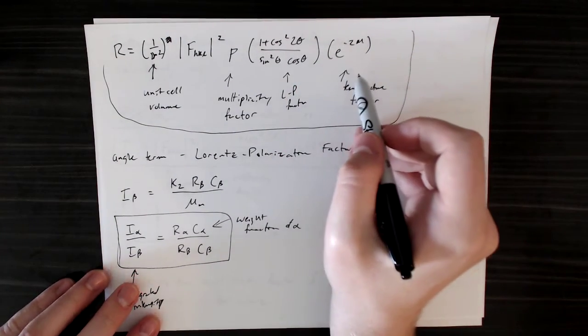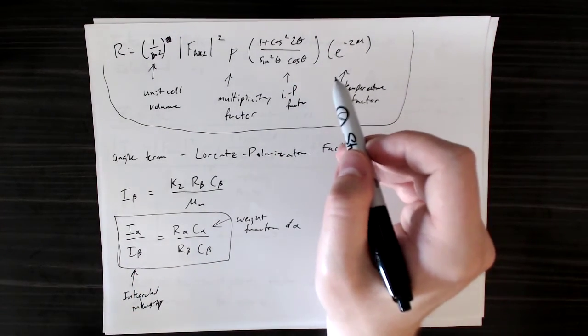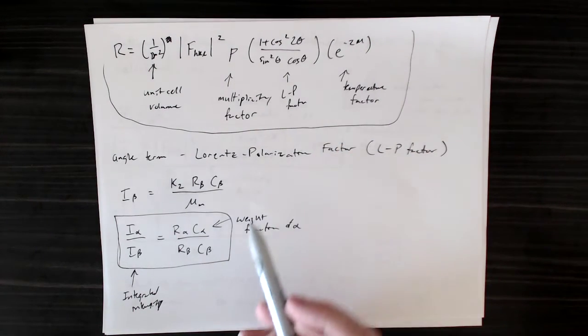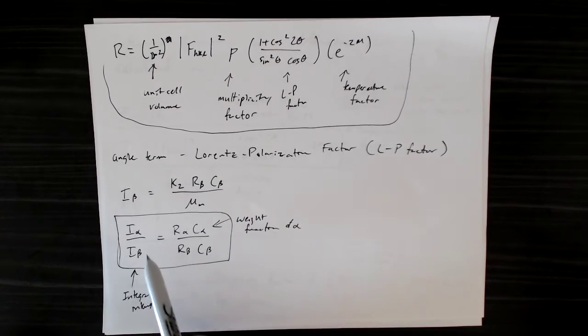Those can all be solved from appendices or figures in our textbook. Putting that all together along with the integrated intensity, which we can solve for in our peak fitting software, that allows us to calculate the weight fractions of alpha and beta.